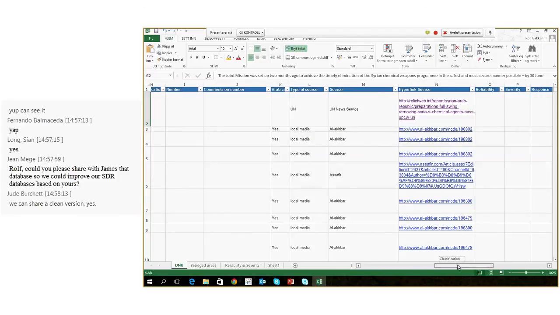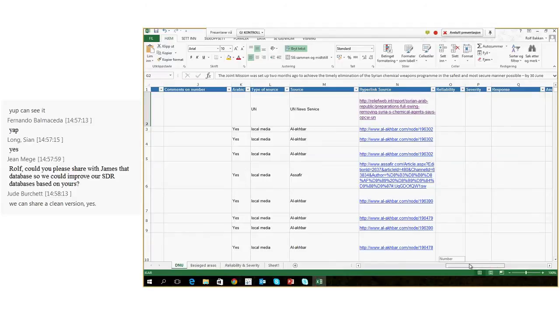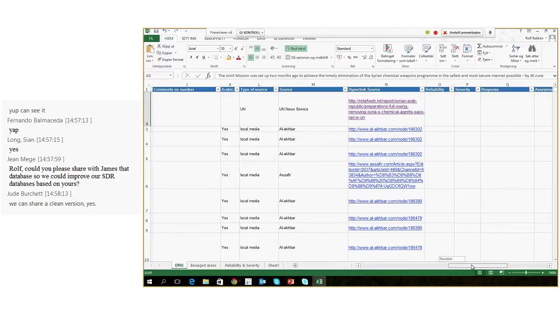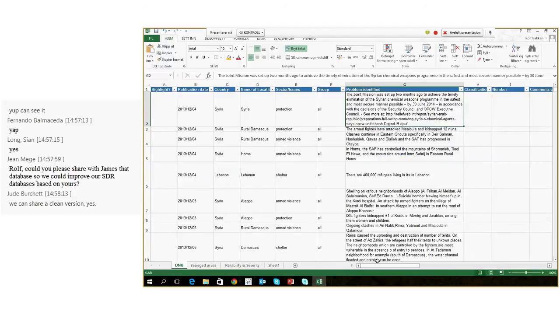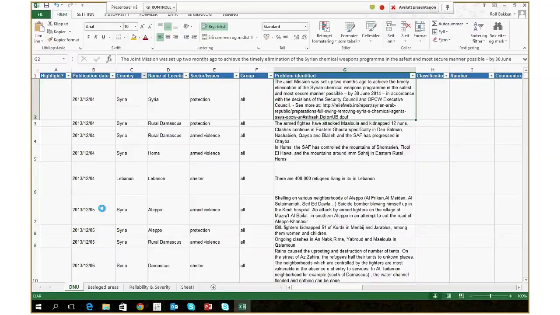Just to demonstrate, I know many of you probably have done this before, but I can just demonstrate how it works, because as I said, this contains now 1,100 rows. Let's say you just want to look at one country, focusing on Lebanon. Okay, I still have a lot of Lebanon. I just want to look at education.